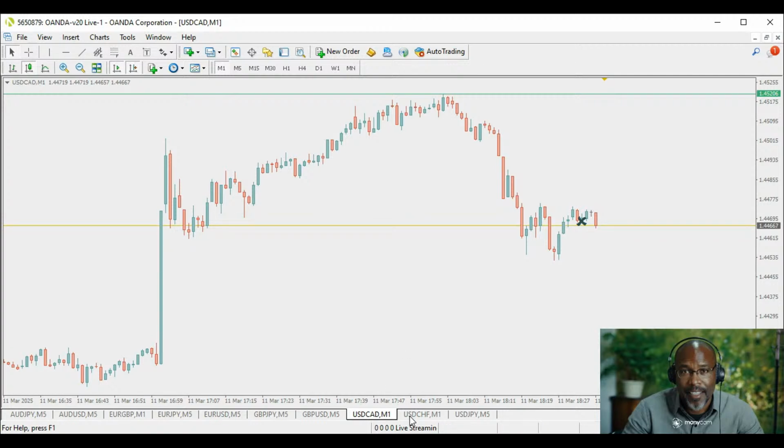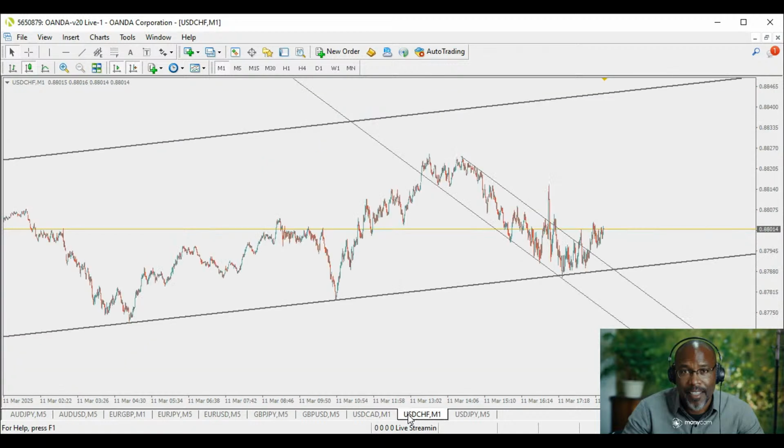The US dollar loonie. Thirty-minute price action is neutral with respect to the US dollar Swiss franc.